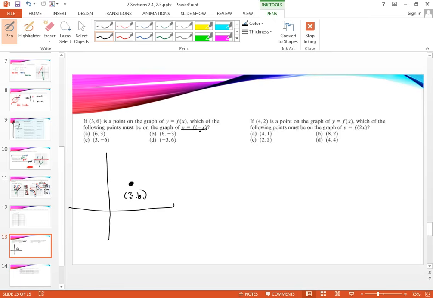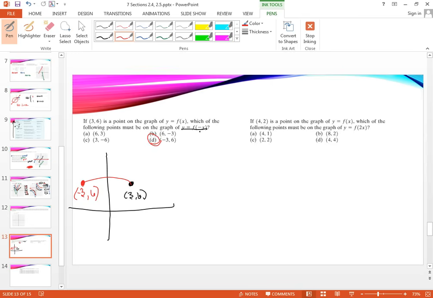So if I took this point (3, 6) and flipped it over the y-axis, what changes? It should just change the sign of the x value. It multiplies the x value by -1. Just flipped it right over the y-axis. And so what's that, d?